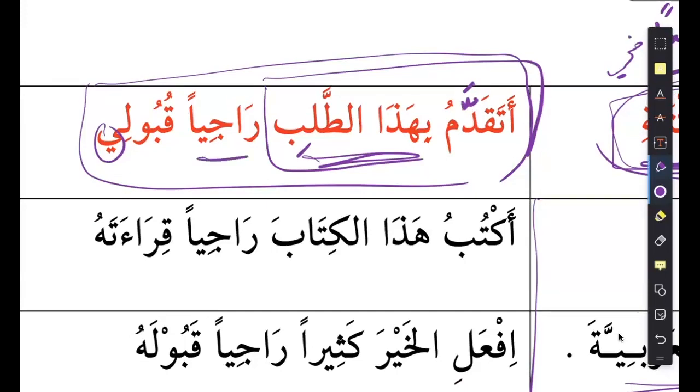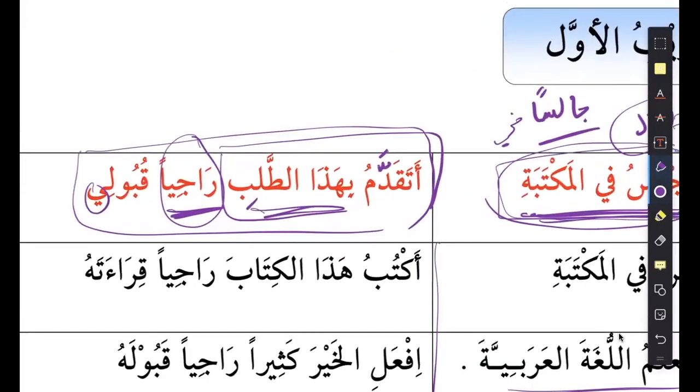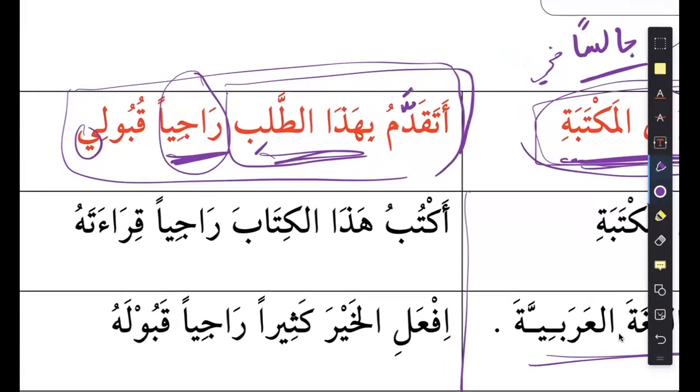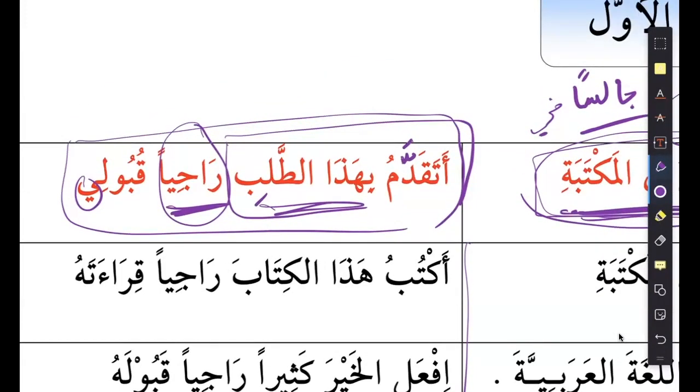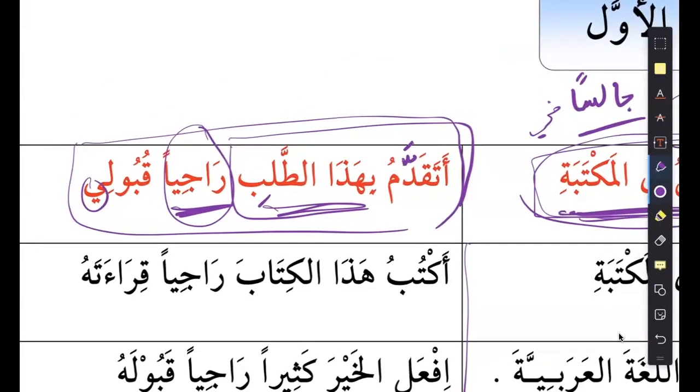Now we have a noun that is taking the mansub state, the fatha, right? Rajian, qubuli. This one in Arabic, I think I mentioned to you last time, is called another maf'ul, because in Arabic we have many different cases when a noun becomes mansub, meaning it takes fatha.